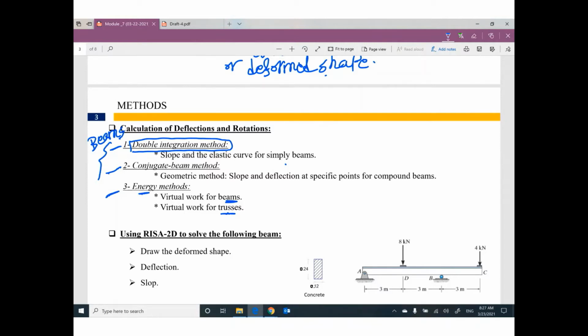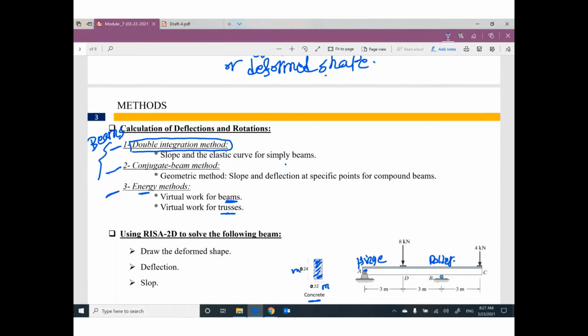I have a beam. This beam is made from concrete with a rectangular cross section. The width is 0.12 meter and the depth is 0.24 meter. This beam has a hinge at A, a roller at B, and two concentrated loads, 8 kilonewton and 4 kilonewton.